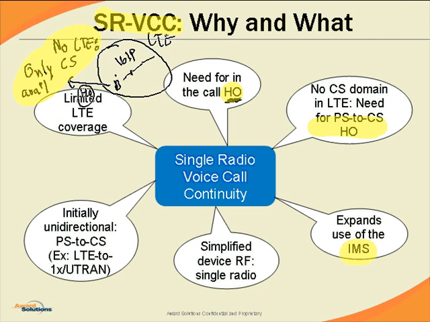When we go to legacy technology, IMS will continue acting as an anchor, so IMS will facilitate the handover from LTE to legacy technology. Initially, it is a one-way handover from LTE to legacy technology. In future, we will have bidirectional.